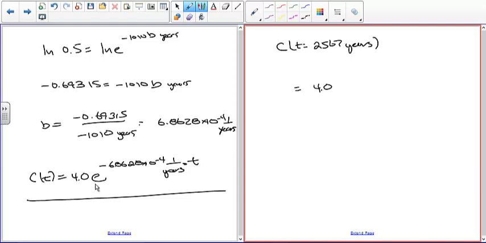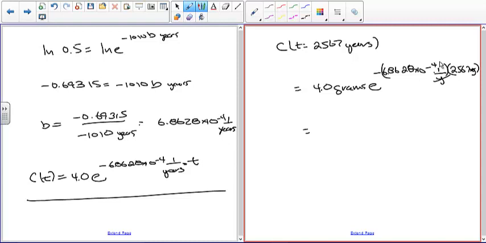So that's 4 grams, and if I got the grams, let me put that in there. 4 grams, e to the minus 6.8628 times 10 to the minus 4, units 1 over years, times 2,567 years. You can see the years cancel out, so that the exponent has no units.